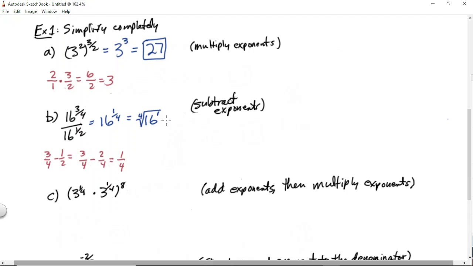Now that's pretty trivial to just go ahead and take 16 to the first power is 16 and take the fourth root of that. But just to remind us of the order, I'm going to draw this circle and say we want to generally do the root first. And that looks funny because when you look at this expression that we have, that literally says take 16 to the first power, that's inside, right? And then take the fourth root of that.